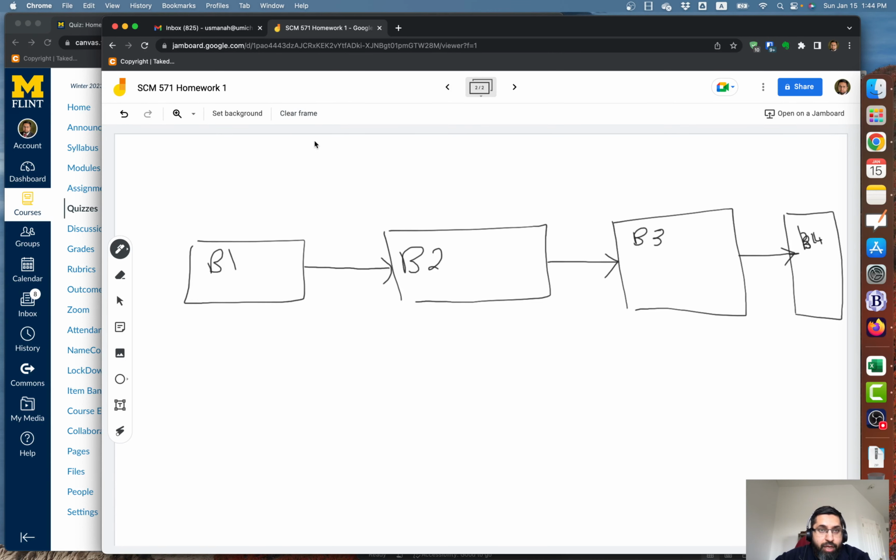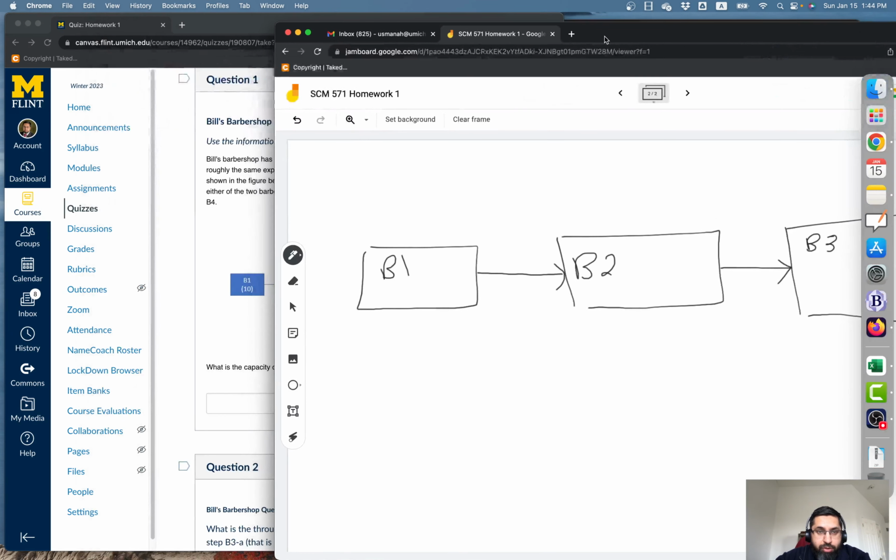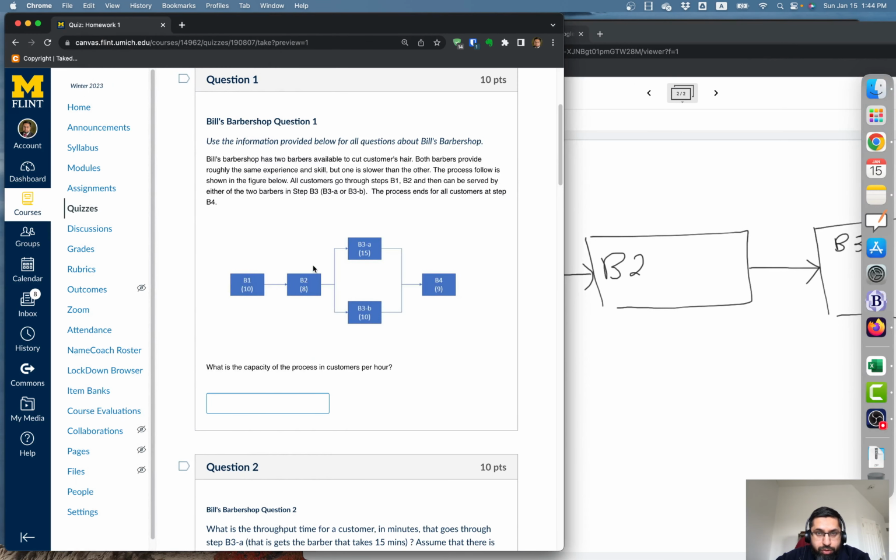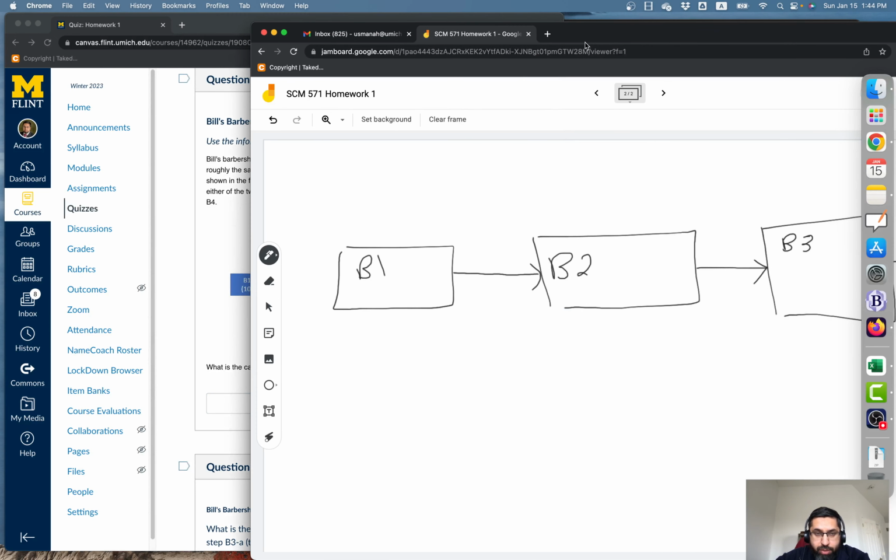And what I'm going to do is write the number of workers, and for each worker the cycle time. So step 1 has just one worker. I'm just going to draw a circle and two arms that represents the worker, and this worker takes 10 minutes per customer. B2 has just one worker, takes 8 minutes per customer.